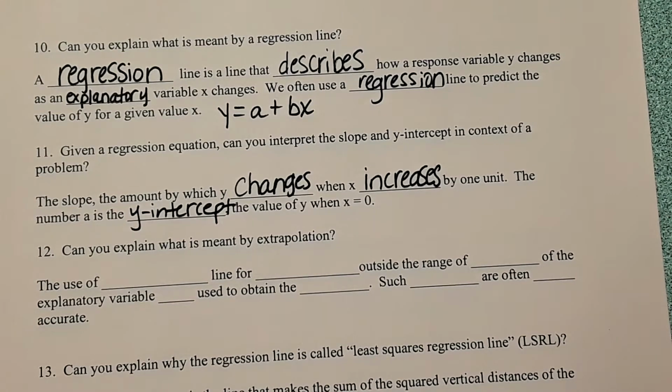Now, can you explain what is meant by extrapolation? When you do these things, we're going to predict, and there are 2 types of predictions. You're going to be given a set of data, and you're either going to be asked to predict inside or outside of it. Say our data goes from 0 to 10, and I ask what would happen at 12.